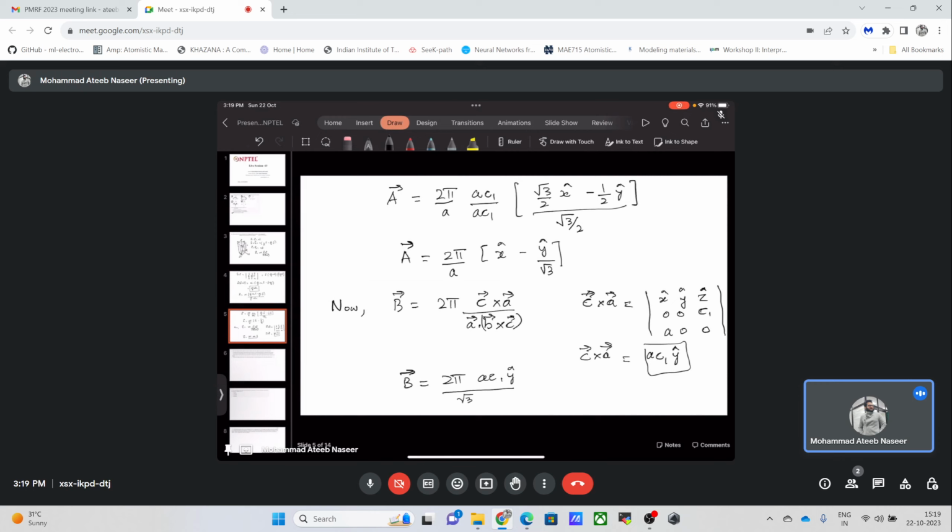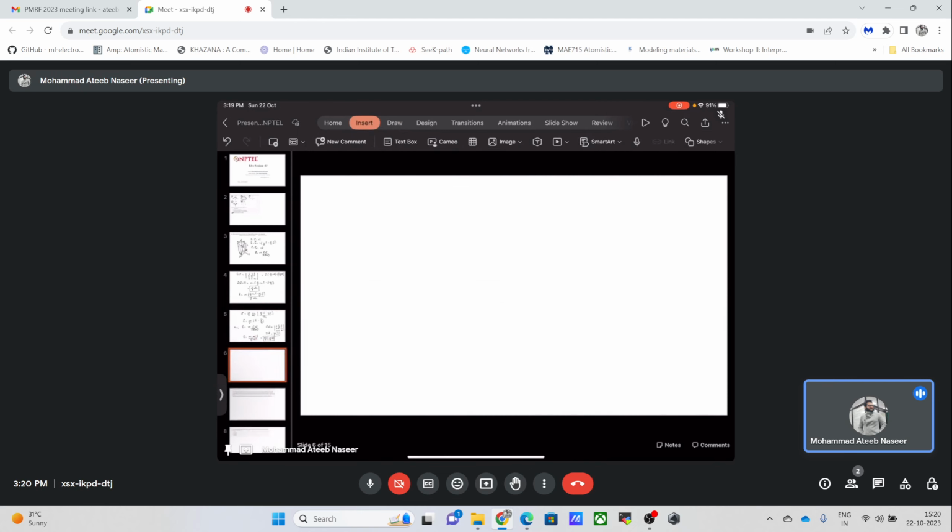The c1 will cancel, so this will be simply 2 pi by a into 2 by root 3 y hat. So this is our reciprocal vector b. Now what about the other vectors?